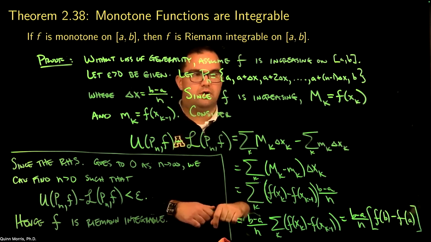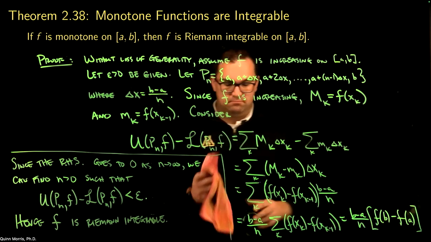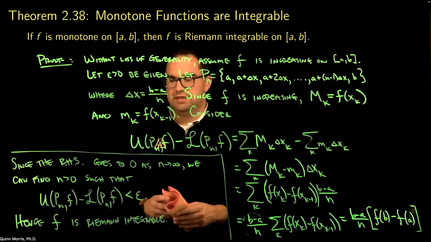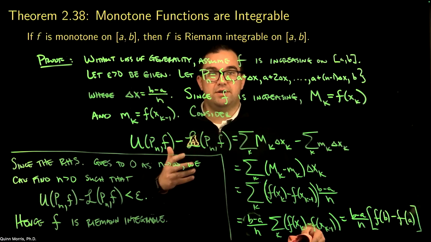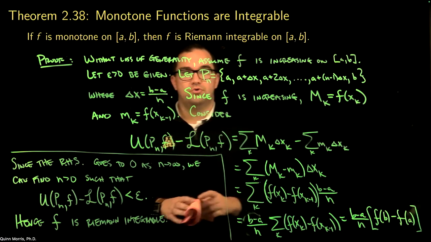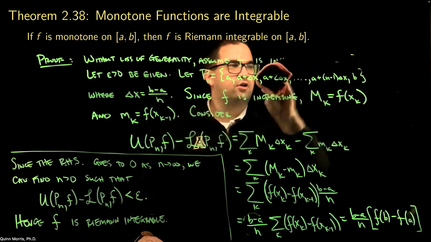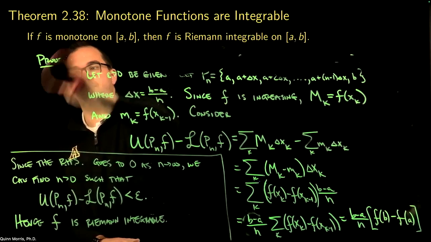So here we did not need to use continuity. We simply needed that the function was monotone in order to establish Riemann integrability. So this is once again giving us another class of functions which are Riemann integrable.